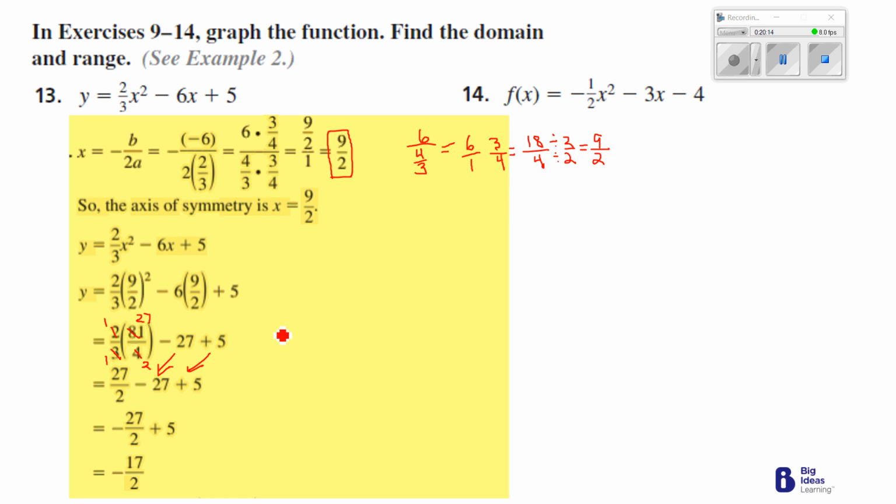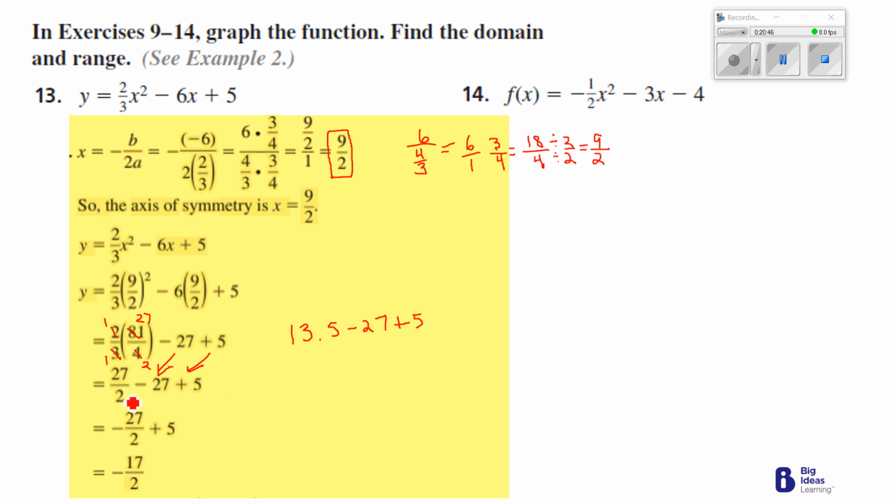Well, half of 27 is almost, I would say 13. Yeah, 13 and a 1/2, so 13.5. And then we're going to minus 27. And then we're going to add 5.